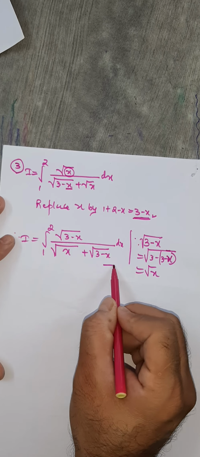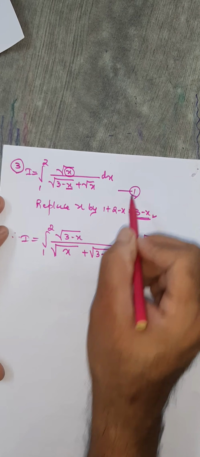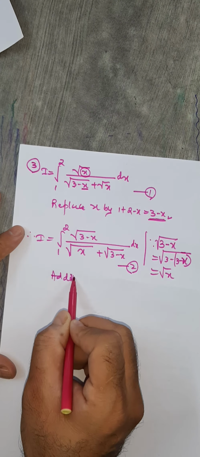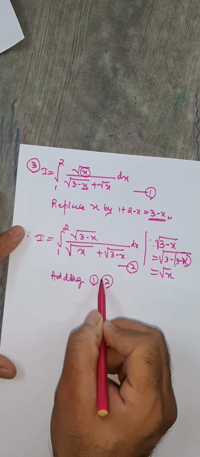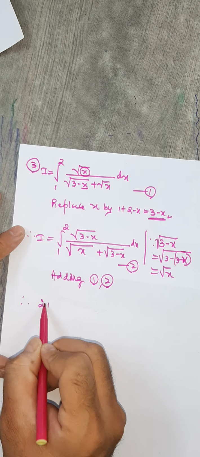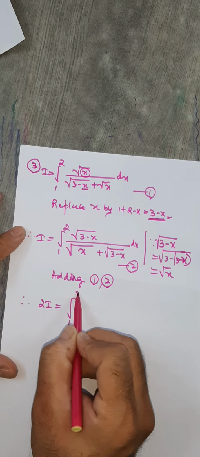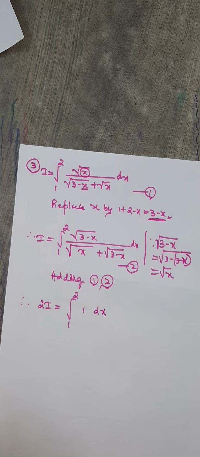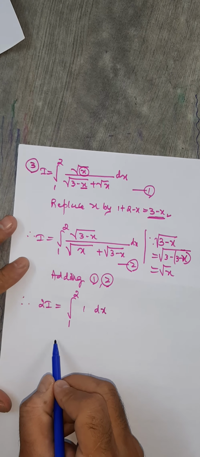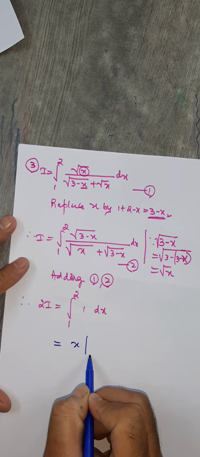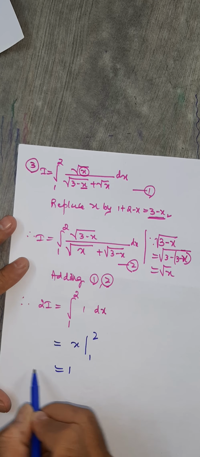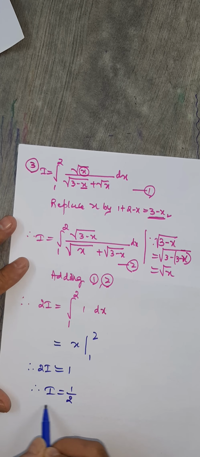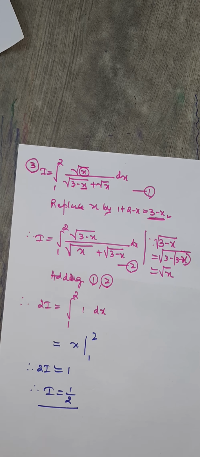You know this is always 2, this is 1, adding 1 and 2. So therefore left hand side is 2I, integral 1 to 2. What do we get inside the bracket? You can check that it is just 1. Now you just integrate it and write upper minus lower. Integral from 1 to 2, 2 minus 1, it is just 1. So I would be 1 by 2. That is the required integral here.